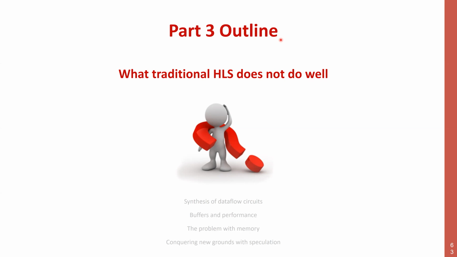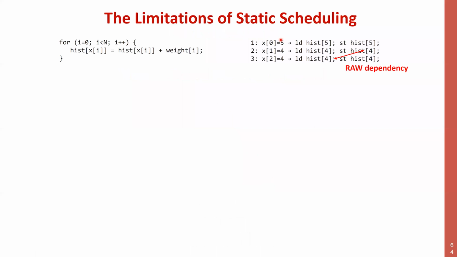Let's start this part on the different way of doing HLS by an example that will help us understand what is wrong in concrete with more traditional classic HLS. And the example, a bit as anticipated before, is connected with these memory dependencies or control flow. We'll see later an example of control flow issues.